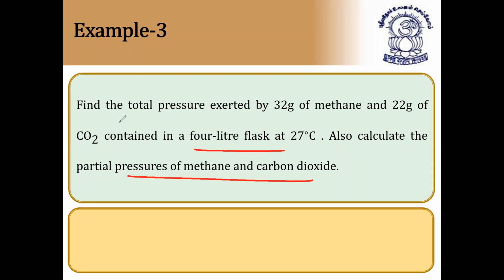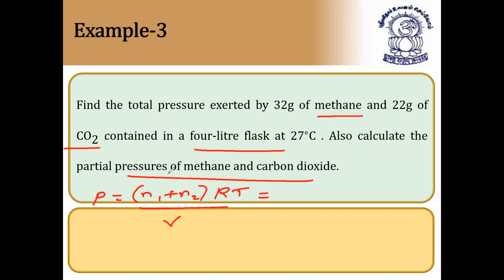First we need to find the total pressure, then we have to find the partial pressures. So to find the total pressure, P is equal to N1 plus N2, because there are two gases, methane and carbon dioxide. So (N1 plus N2) into RT by V is the formula for finding total pressure.